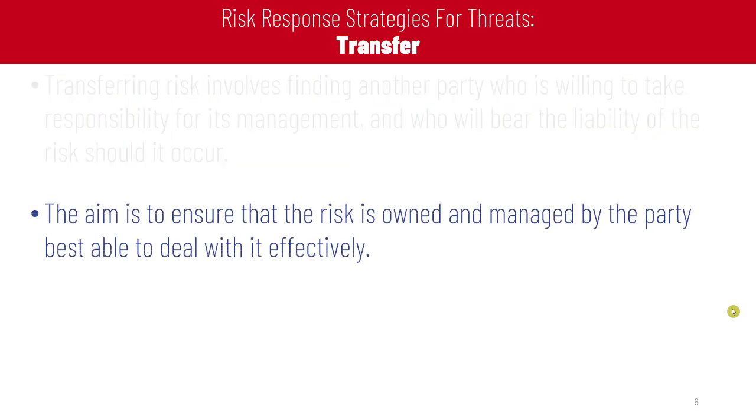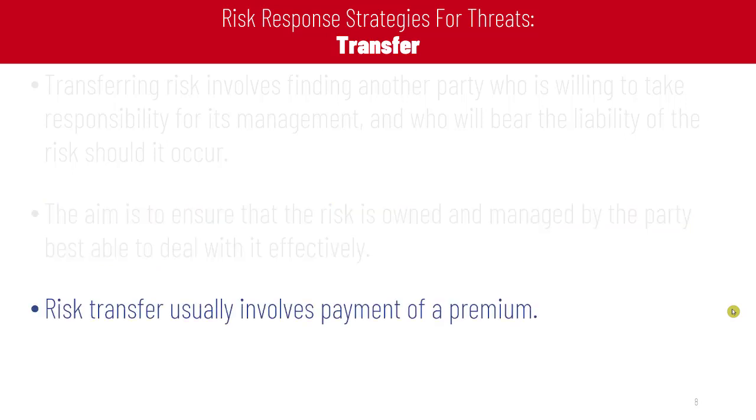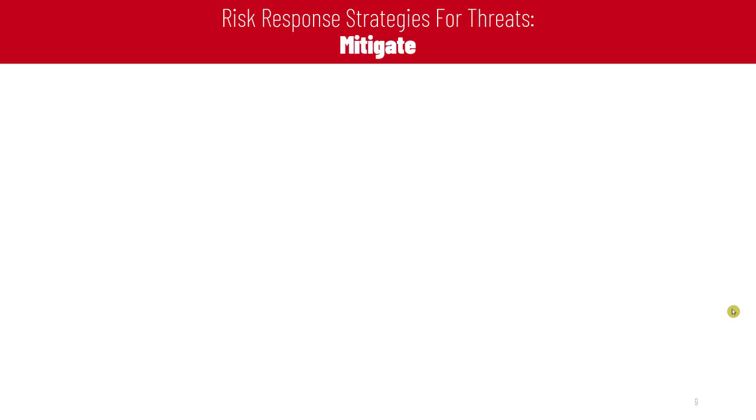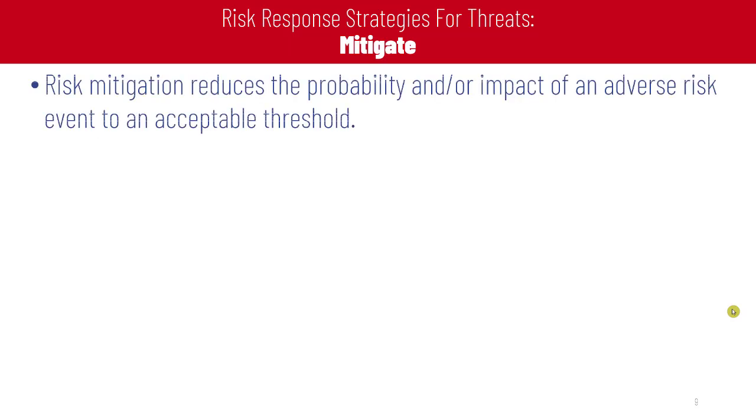The aim is to ensure that the risk is owned and managed by the party best able to deal with it effectively. Risk transfer usually involves payment of a premium within an insurance policy.